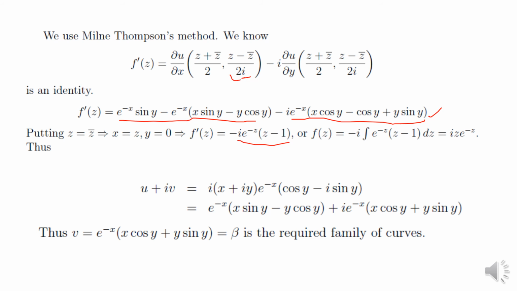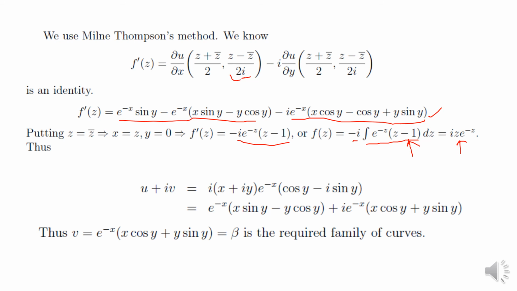Once you did that, you got this function f dash z. Integrate it: the integration is this minus i times the integration of this. So this becomes e to the power minus z into (z minus e to the power z) dz. The integration of a product of two functions you can do and get this value.